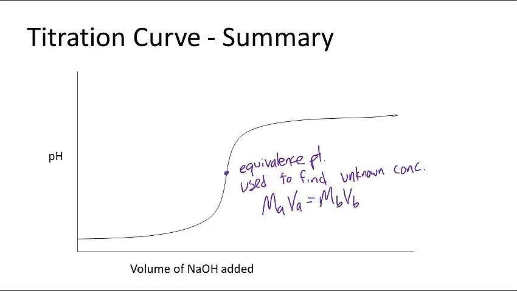And as much as I hate to give you a formula because you're going to memorize the formula and not think about it, I am going to write it down. That's the point where molarity of acid added times volume of acid added equals the molarity of base added times the volume of base added. And then the half equivalence point is where pH equals pKa.